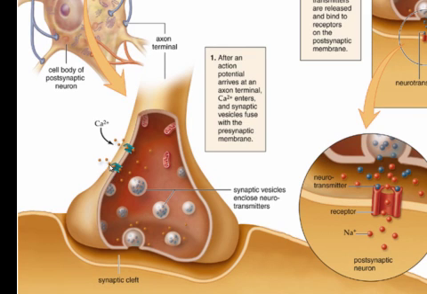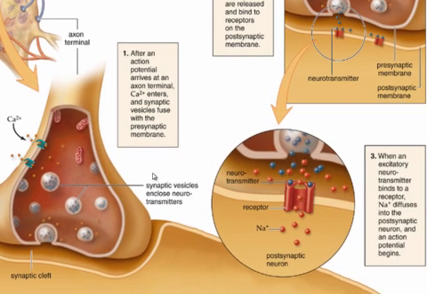Those channels allow calcium to come into the cell, and that allows some secretory vesicles to fuse with the plasma membrane. The secretory vesicles contain neurotransmitters. They're packaged in little membrane vesicles, and if they merge with the plasma membrane, those neurotransmitters are going to be released into the synaptic cleft.